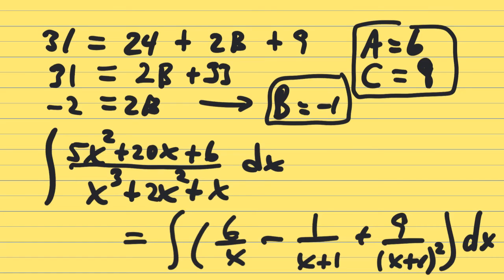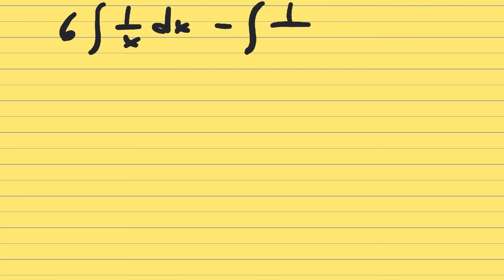On the next slide, I'm going to separate these into three separate integrals, and we'll tackle them one at a time. From the first fraction, I'm going to factor out a 6. From the second one, it only had a 1 for a numerator, so I'm going to leave it as it was. And then our third fraction, I'm going to factor out a 9.